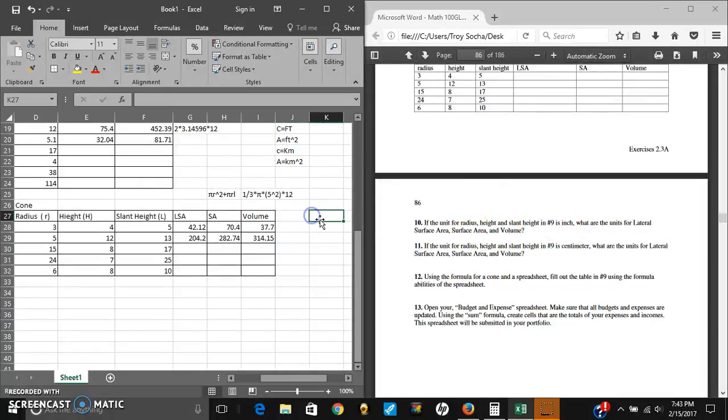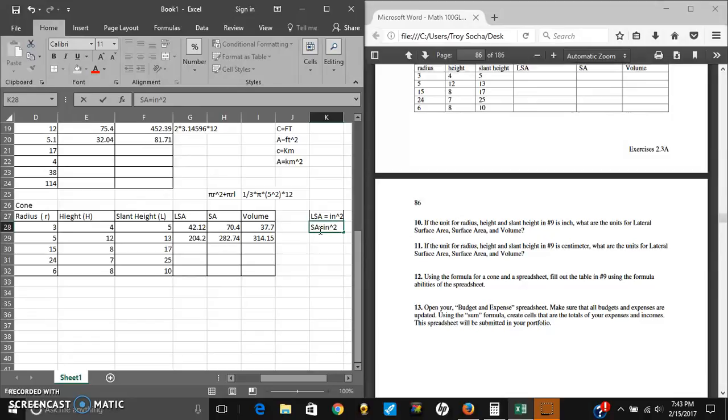The lateral surface area is all in multiplication, so it's always going to be in inches squared. It's not equal to our perimeter. It's equal to our area, because it says area. So if it wants it in inches, then our lateral surface area is going to be in inches squared.